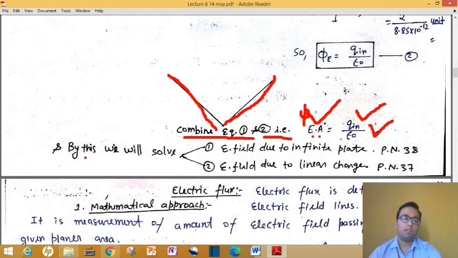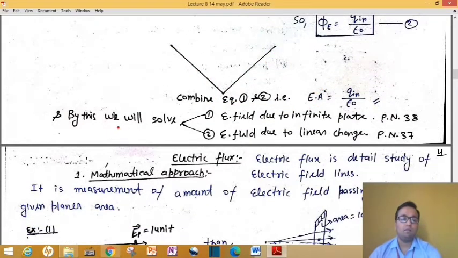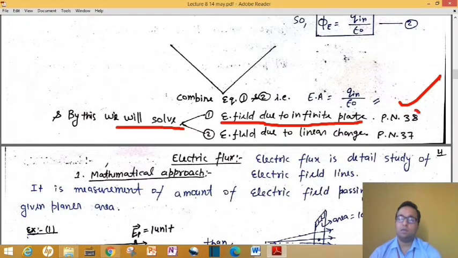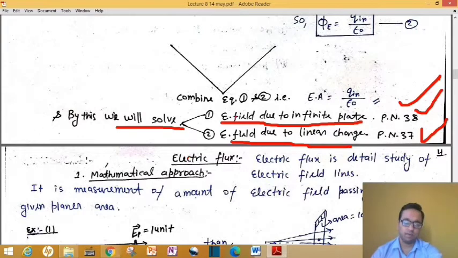By combining these, we will solve two derivations. Derivation number 1 is the electric field due to an infinite plate, given on page number 38 in your NCERT book. The second derivation is the electric field due to linear charge, given on page number 37. We will solve these expressions one by one.